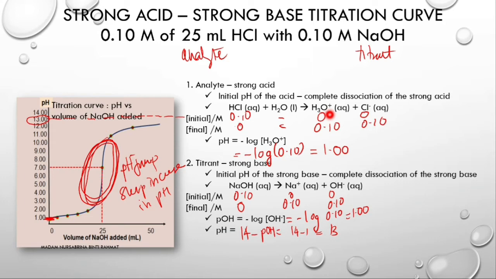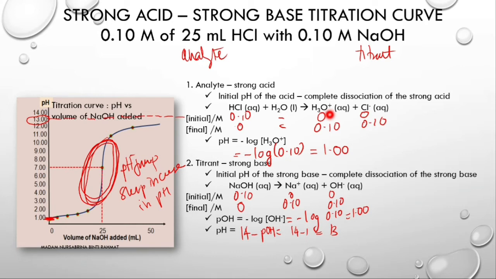So our NaOH solution will never reach its original concentrated pH, which is 13. That's why the initial pH of your titrant will become the asymptote, and the titration curve will never cross that asymptote.